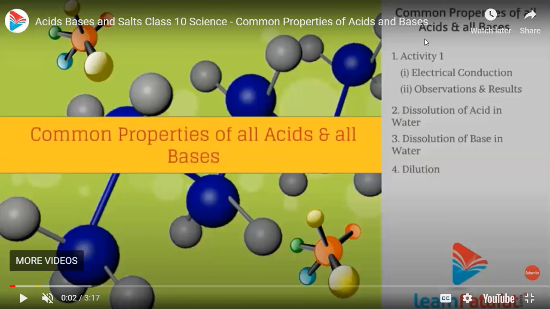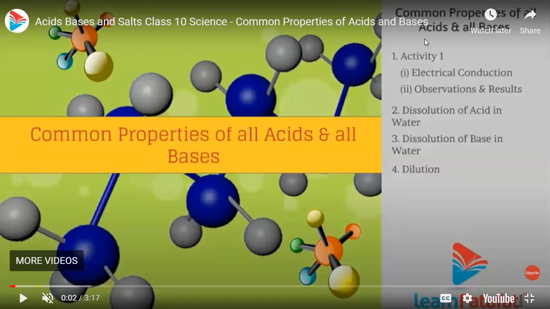If I talk about hydrochloric acid, it is represented as HCl. Sulfuric acid is H2SO4, nitric acid is HNO3, acetic acid is CH3COOH. So you can see everywhere we can find hydrogen ions.